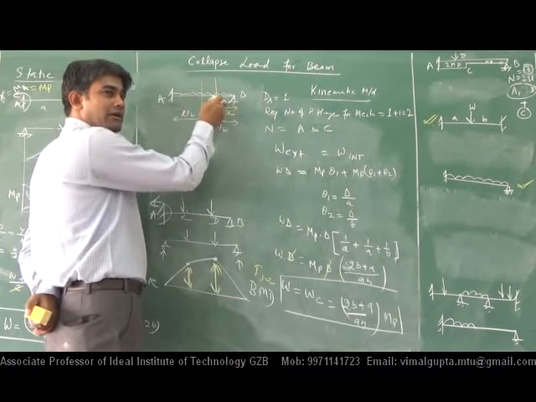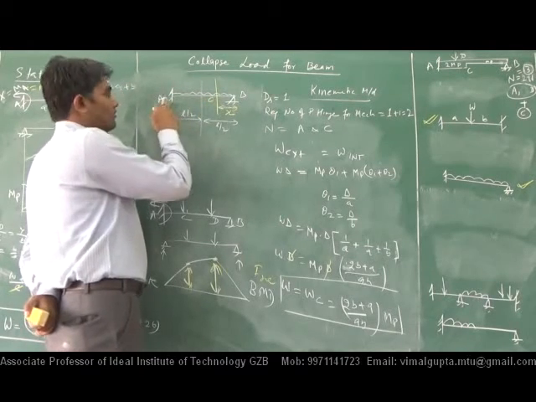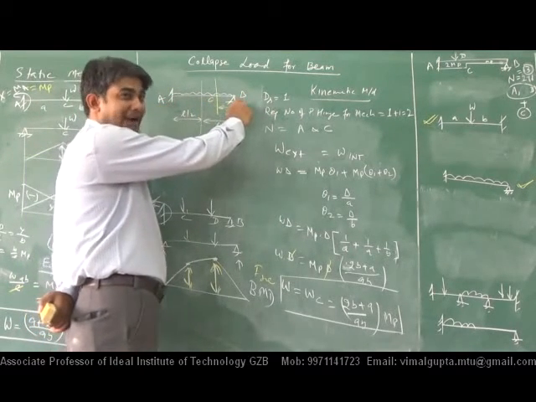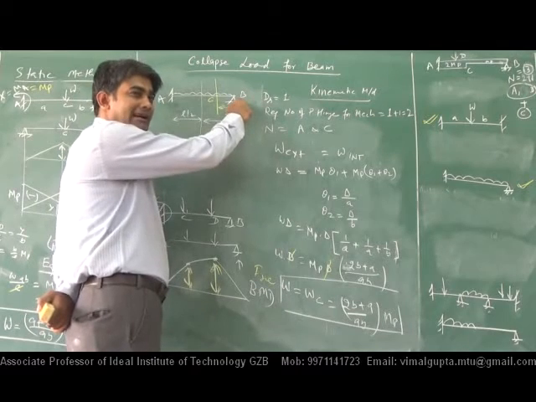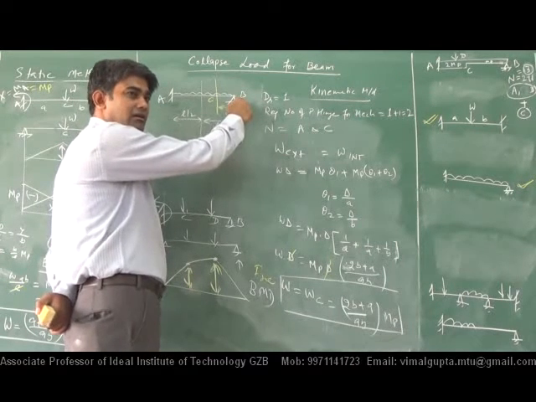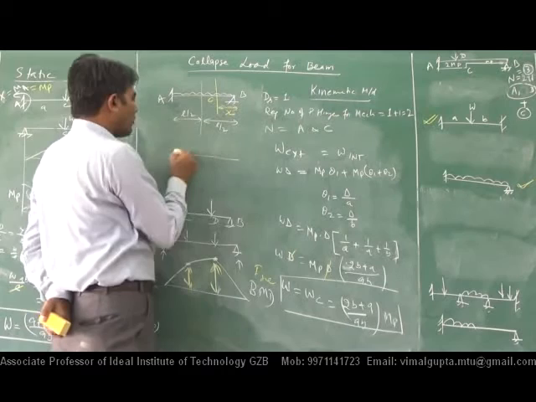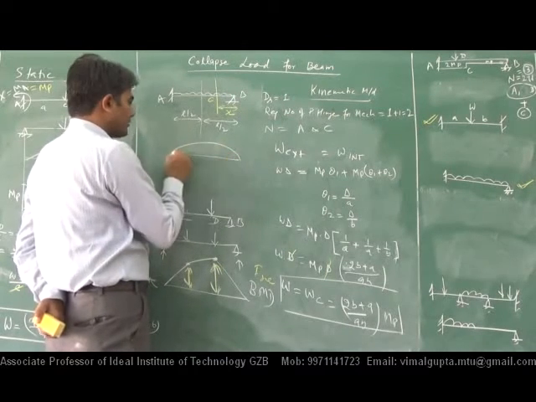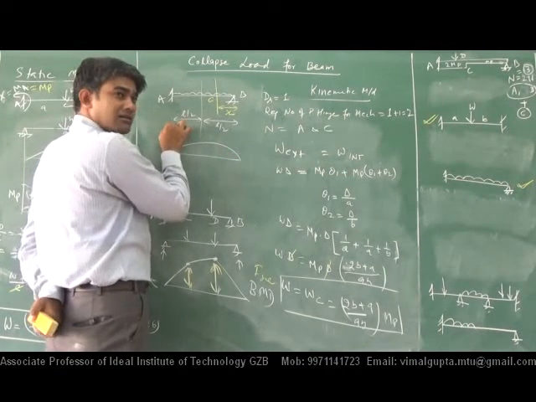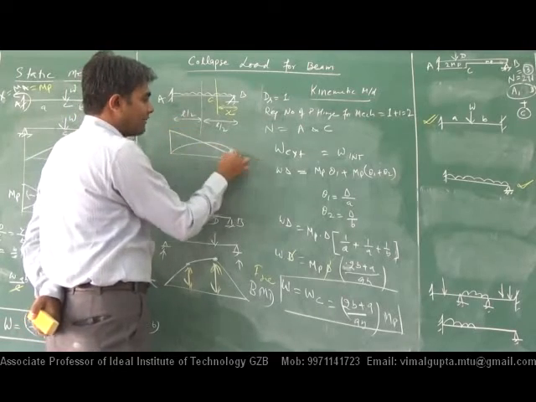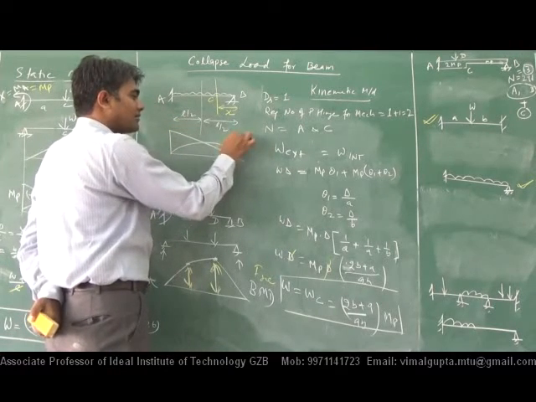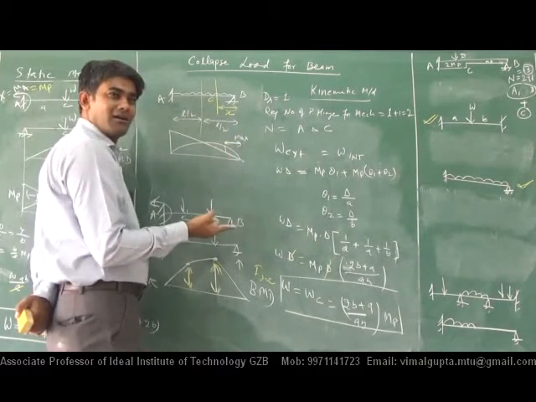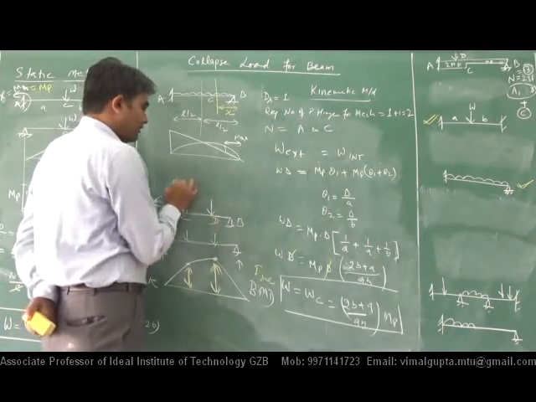L by 2 means similarity. But joints A and B are not similar. If we plot its bending moment, then the free BMD is this, and the redundant BMD will have the maximum bending moment here, because it is not similar.